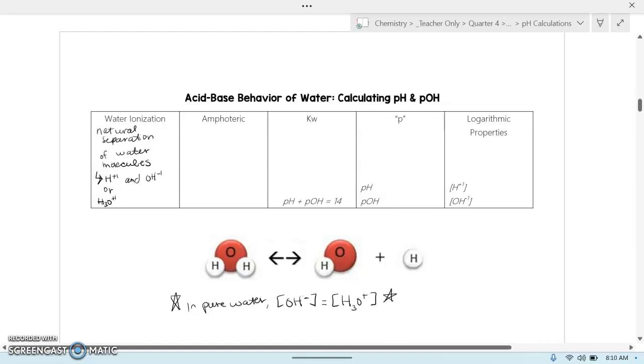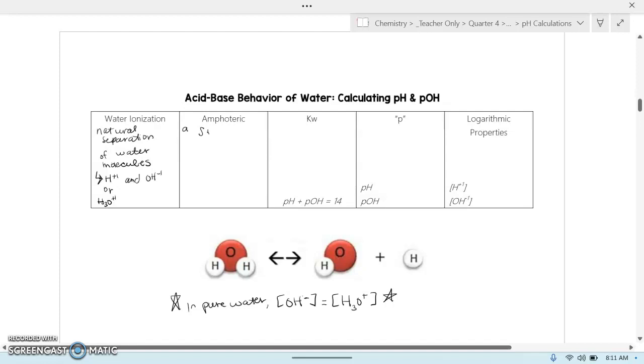Another term that we can use when discussing acidity and basicity is amphoteric. Water is amphoteric because it has both H and OH present. It can act like an acid or a base. An amphoteric substance is a substance that can exist as both acid and base.